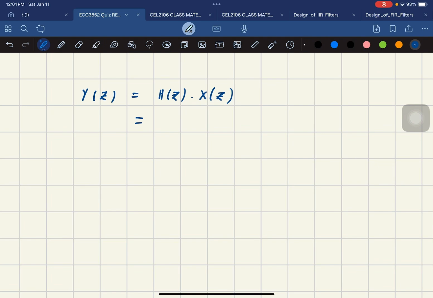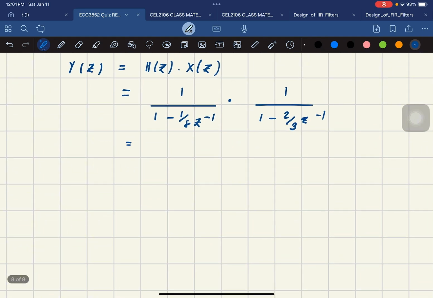So we got 1/2 over 1 minus 1/8 z to the minus 1, with 1 over 1 minus 2/3 z to the minus 1.